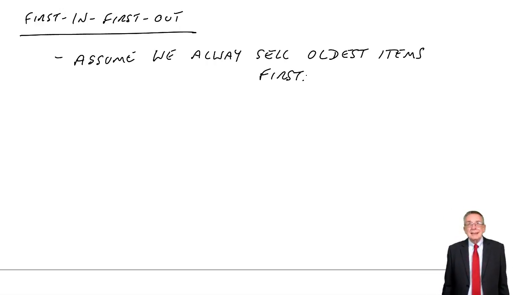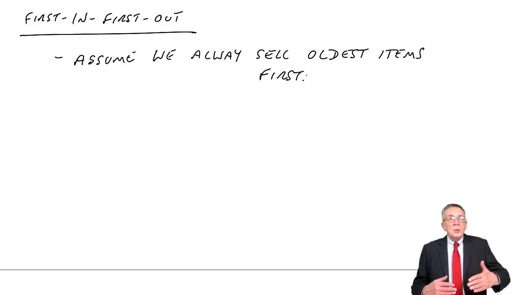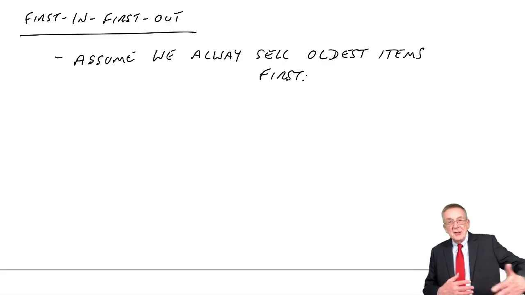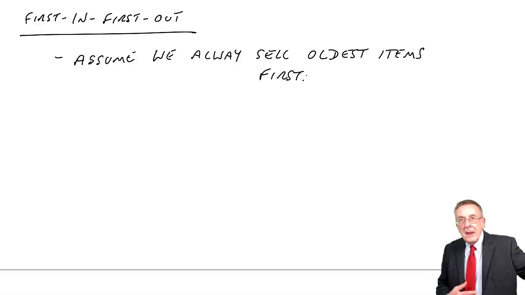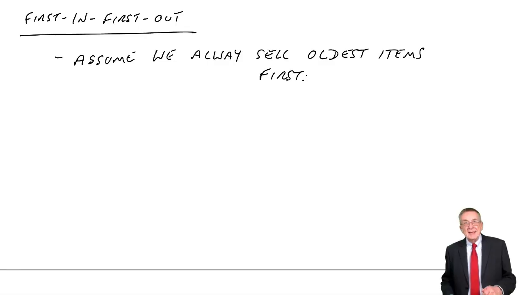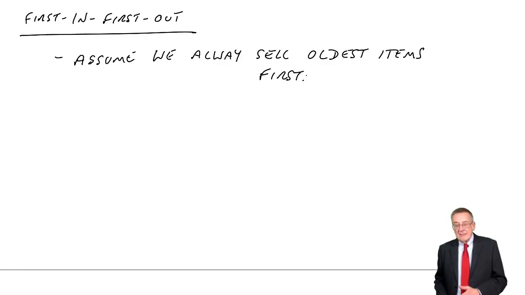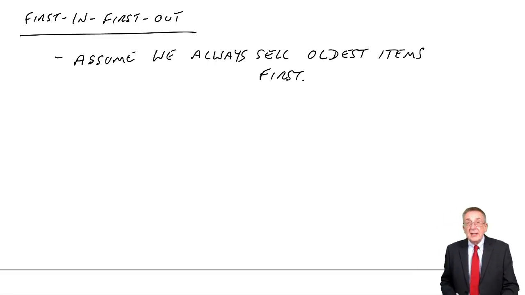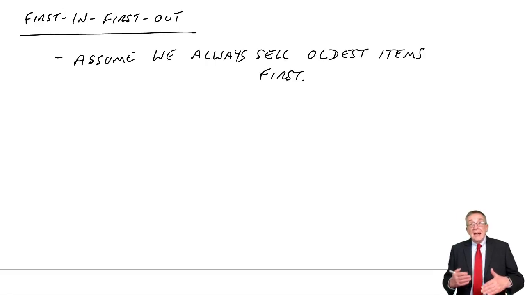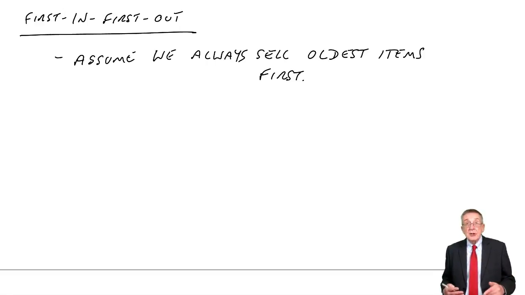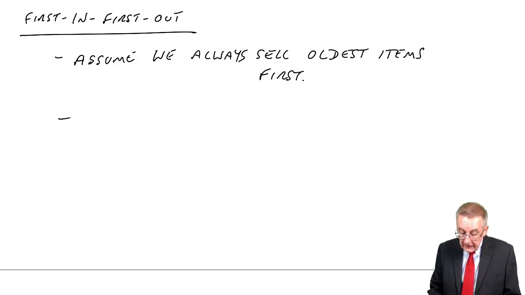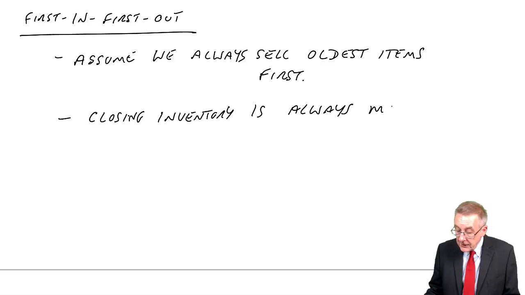If you go to buy milk, the supermarket always has the older ones at the front and the newer ones at the back, because they want you to buy the older milk first. And if you think about it, if we always sell the oldest ones first, it means that any left at the end, the closing inventory, is always the most recent purchases.